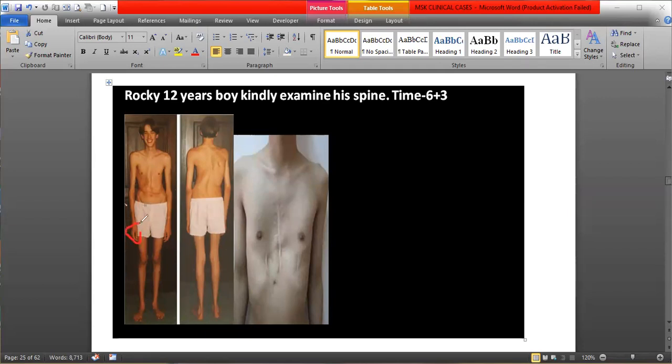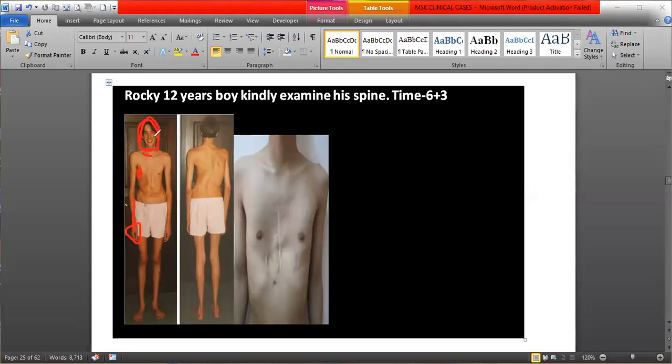Then we'll go upward. We'll check the pulse, and after that the axilla, then the neck, any scar. Then the face. This is definitely a high Marfan feature: long face, typical of Marfan syndrome.